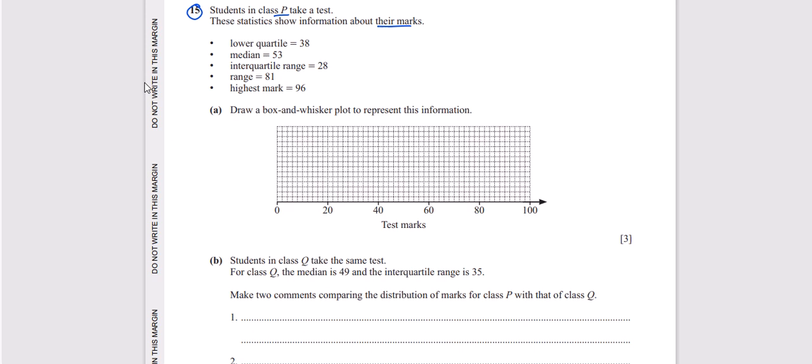First of all, we know that the interquartile range is equal to Q3 minus Q1. Q3 is the upper quartile and Q1 is the lower quartile.